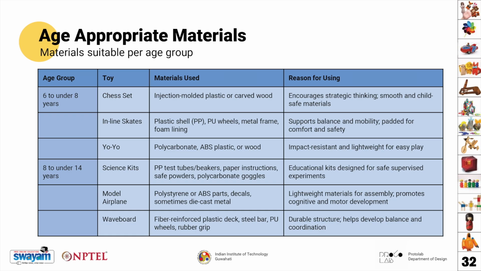As children grow older, toys gradually shift from simple sensory play to motor skill-based, strategic and educational activities. And the choice of materials plays a key role in ensuring safety, durability, and developmental benefits.